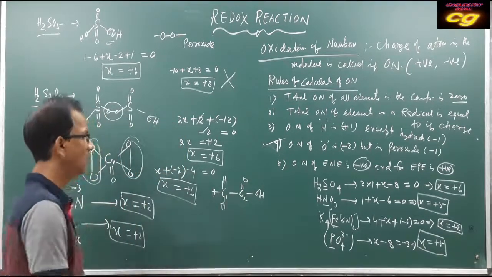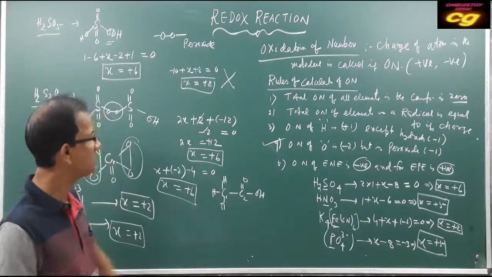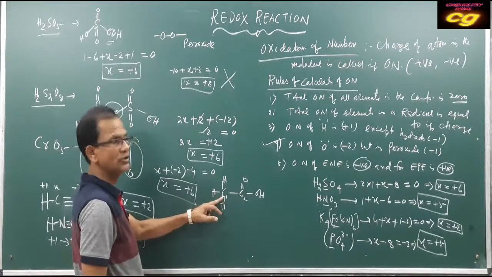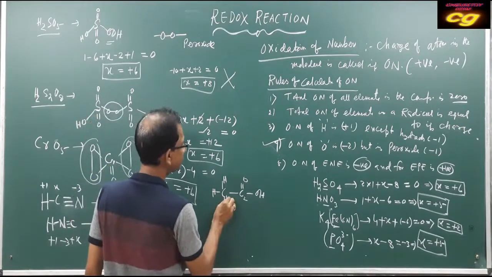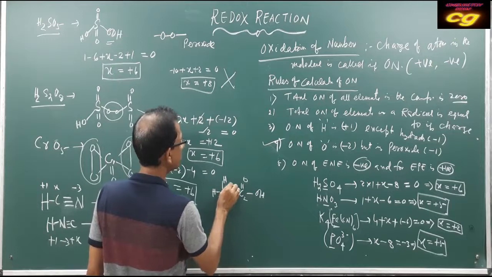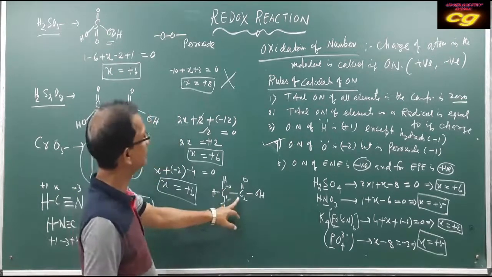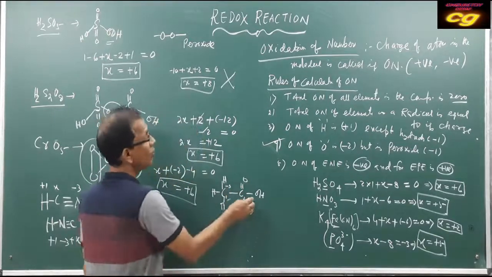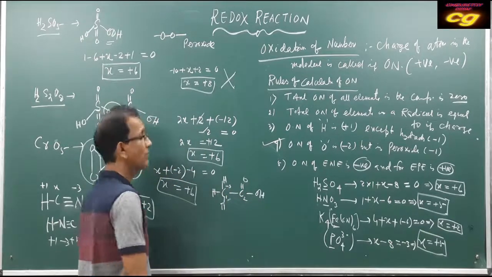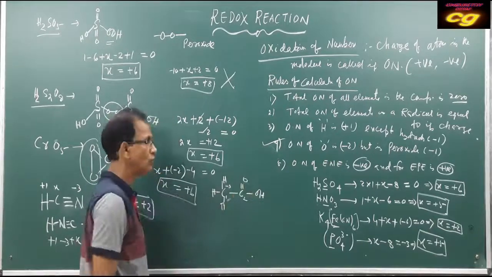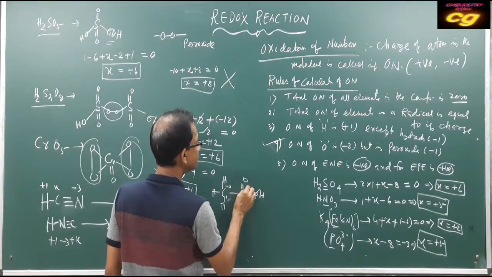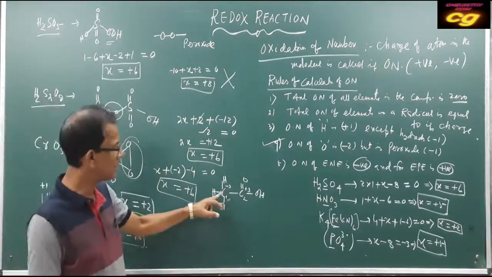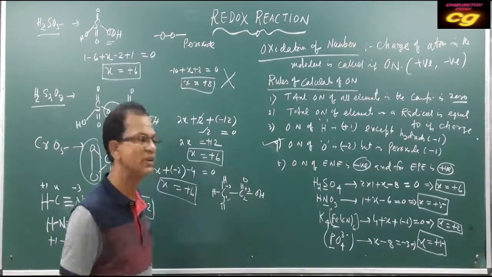If you calculate the oxidation number of the first carbon, here there are 3 hydrogens, so the remaining carbon will be -3. For the second carbon, the hydroxide carries -1 and oxygen carries -2, so it will become +3. So the first carbon is -3 and the second carbon is +3.